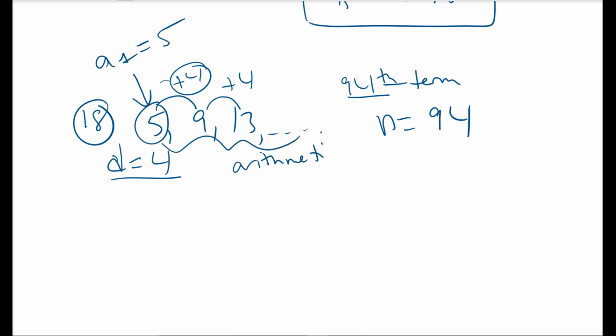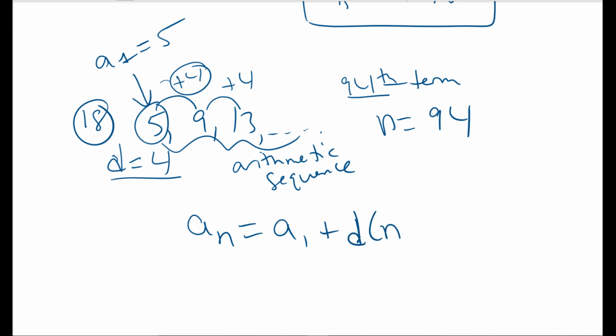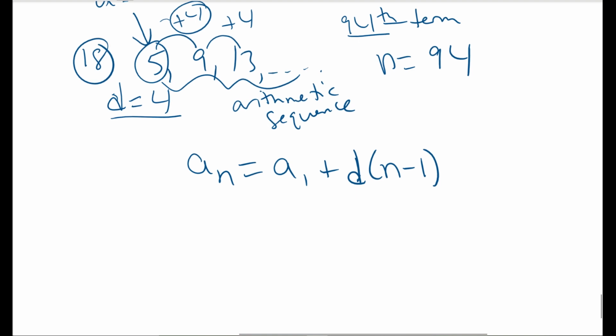An arithmetic sequence is when you have a pattern of numbers in which you have to add the same number to get to the next, or subtract. So here we're adding the same number, 4. So the formula for the arithmetic sequence is AN equals A1 plus D times n minus 1.